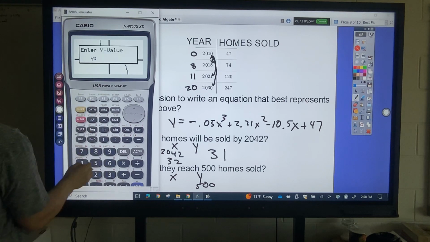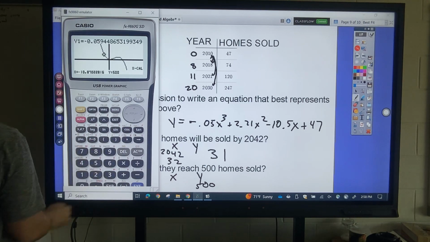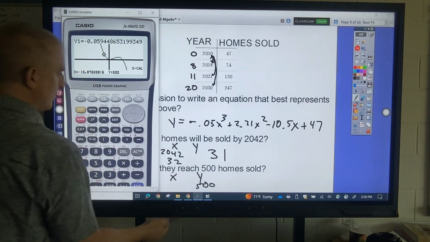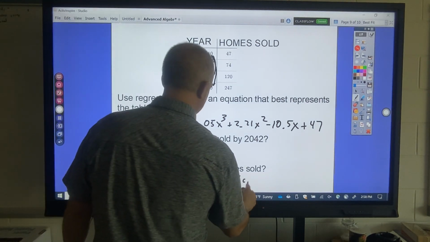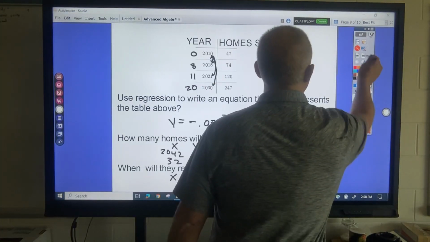I'll do X calculate 500. I don't think that's going to work. Yeah, that actually did not end up with a negative answer. So the answer would be none in this case. It's sort of a probing question on how that ended up.